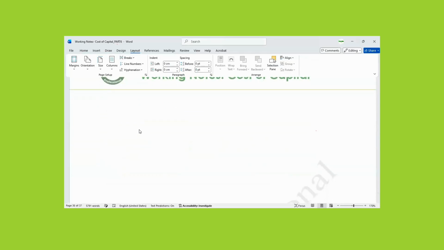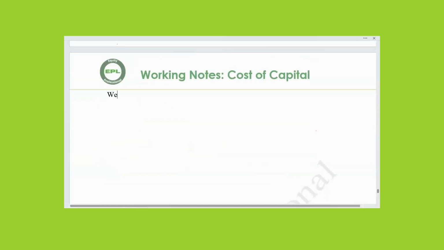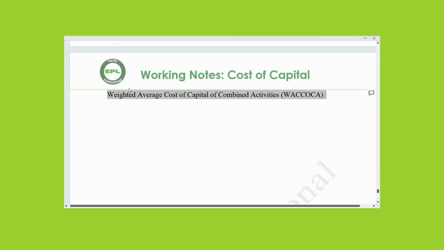Weighted average cost of capital of the combined activity. Like I said, I normally call it WACOCA. So when do you calculate WACOCA, and how do you calculate WACOCA?